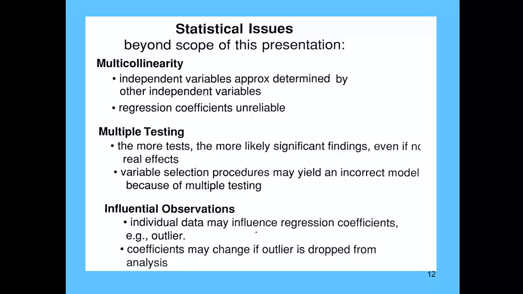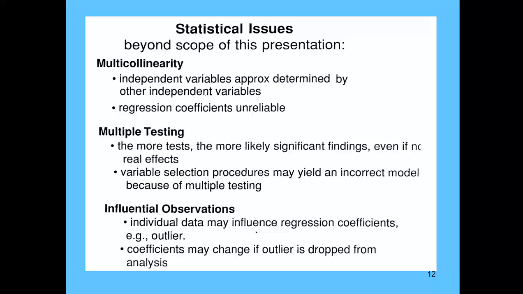Another issue is multiple testing. One way to say that is, if you torture the data enough, it'll confess. You've heard that. Somebody must have said that somewhere, right? If you do enough tests, you'll find something. So one of the problems you have to worry about is, how do you deal with that? I think you've heard in maybe Azar's course about something called the Bonferroni correction.